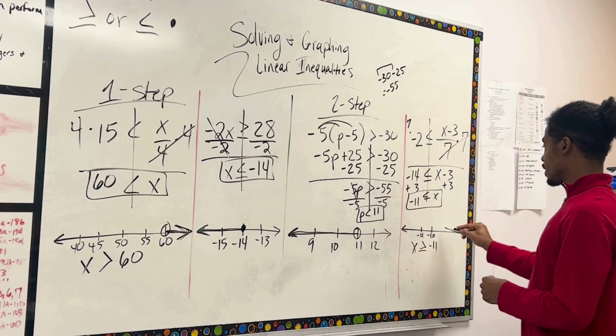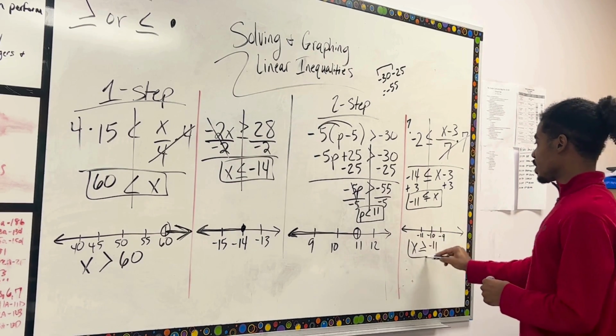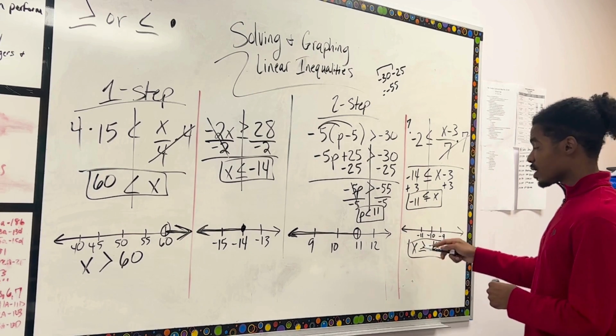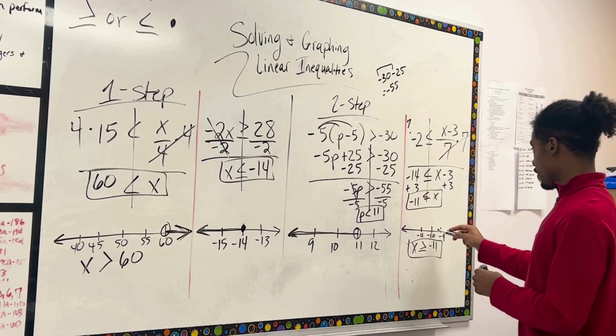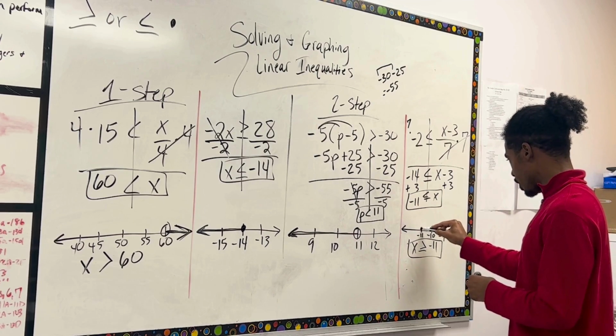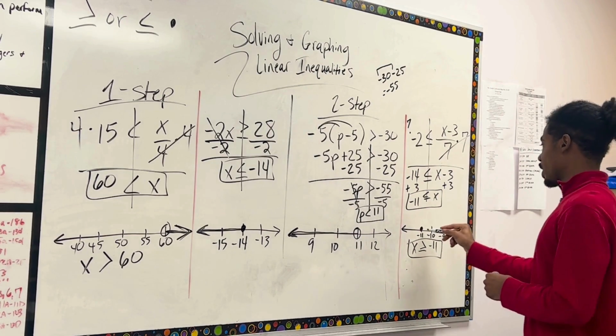Remember, to the right is positive, that would be negative 9. It has a line under this inequality, so for greater than or equal to, there's going to be a closed circle here. And then everything shaded to the right.